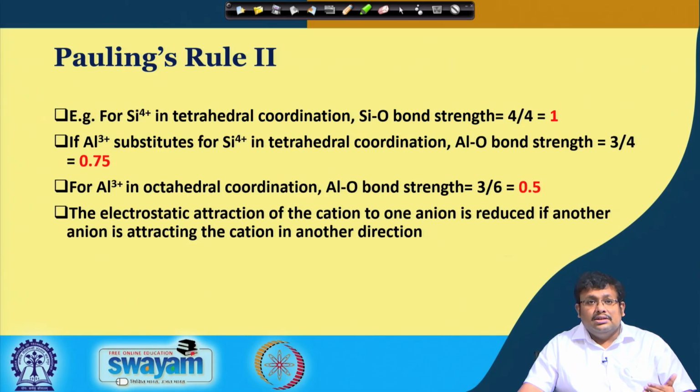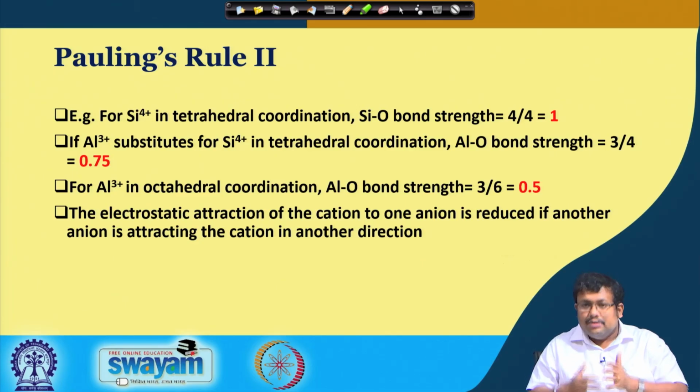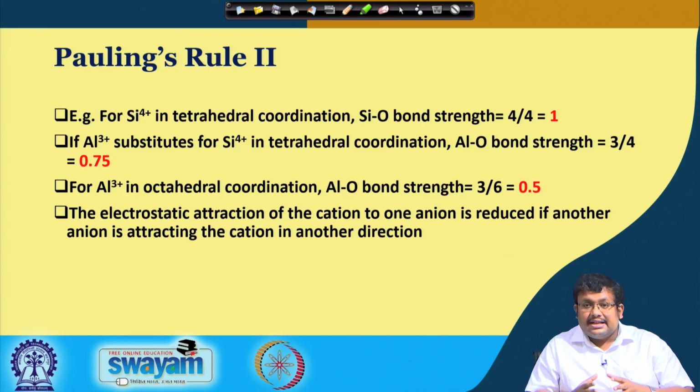Now, for example, for silica in the tetrahedral coordination, the Si bond strength is basically 4 by 4, that is 1. In the case of aluminum substituting for silica, which we will discuss very soon when we discuss isomorphous substitution, you will see that aluminum sometimes substitutes for silica in the tetrahedral coordination.